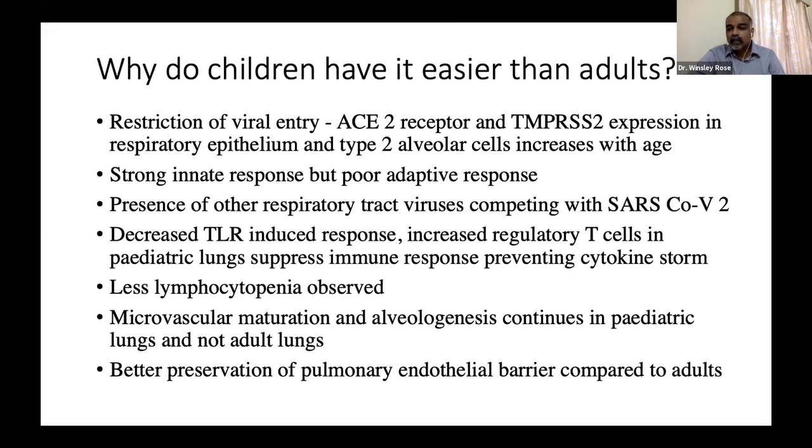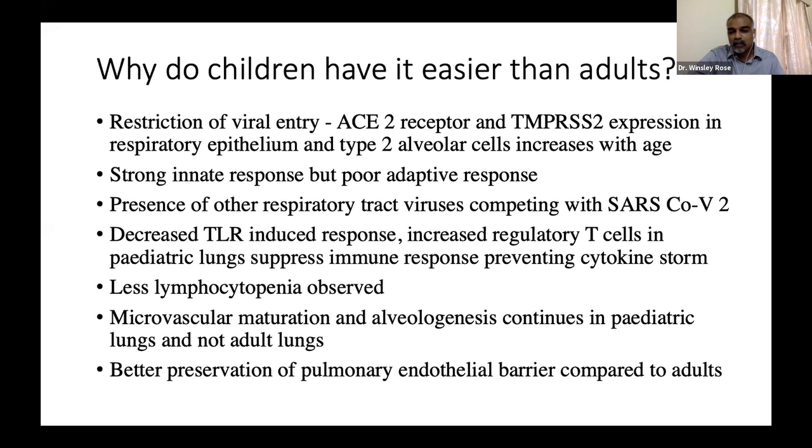Also, a bulk of the problem is because of the adaptive response, which is overactive. Now, children have strong innate responses, but they have poor adaptive responses. And there can be other respiratory tract viruses which inhabit the respiratory tract of children, and so they compete with SARS-CoV-2.